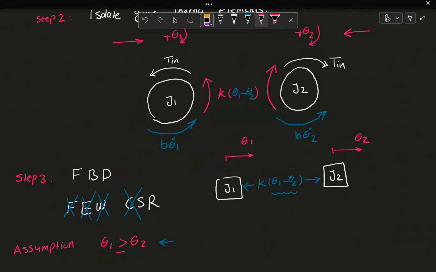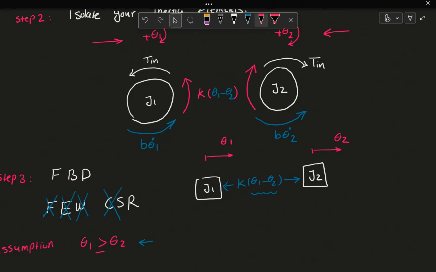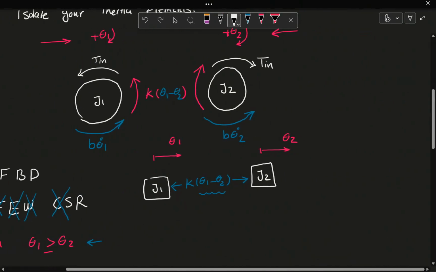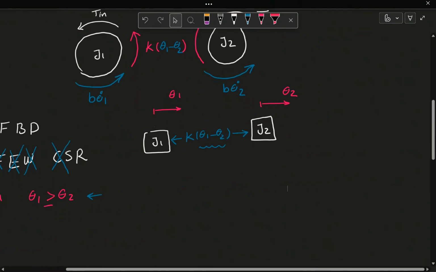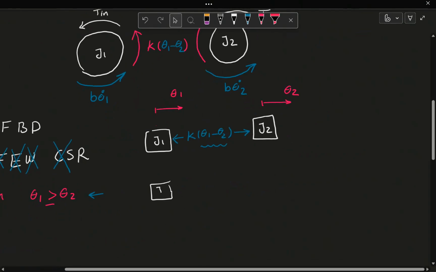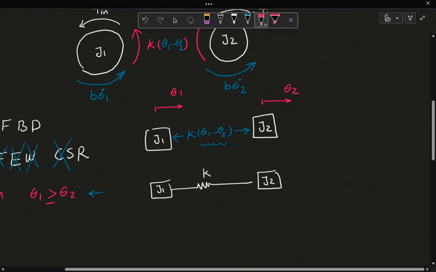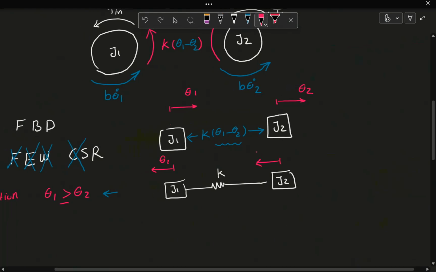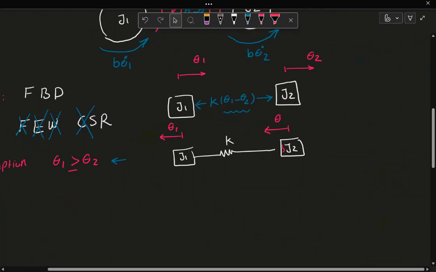Another thing that I wanted to ask you guys to do by yourself is the same thing. Okay, so bring J1 and J2 here with the spring, and this time with the spring K, and this time assume that theta 1 and theta 2 are pointing to the positive left direction.